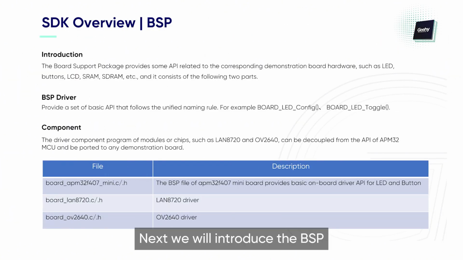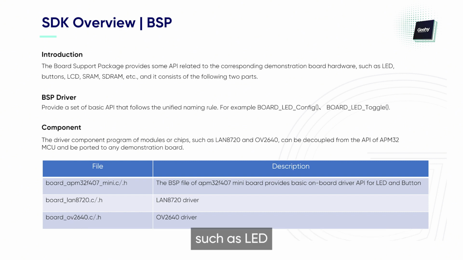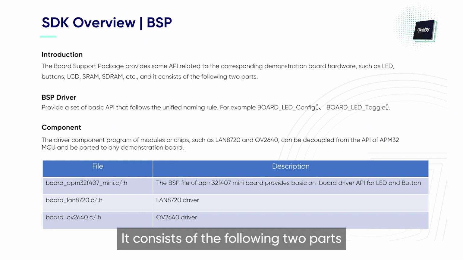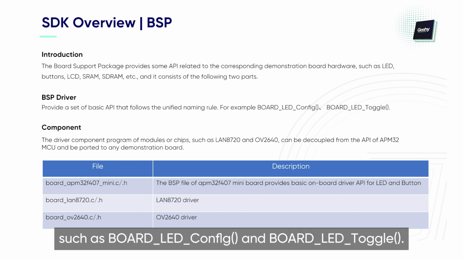Next, we will introduce the BSP. BSP will provide some API related to the corresponding demonstration board hardware, such as LED, buttons, LCD, SRAM, SDRAM, and other API related to the peripheral circuit. It consists of the following two parts, including BSP driver, which provides a set of basic API named according to the same naming rules, such as board, GLED, CONFLG, and board LED toggle.